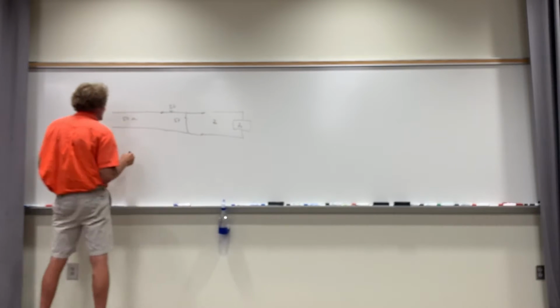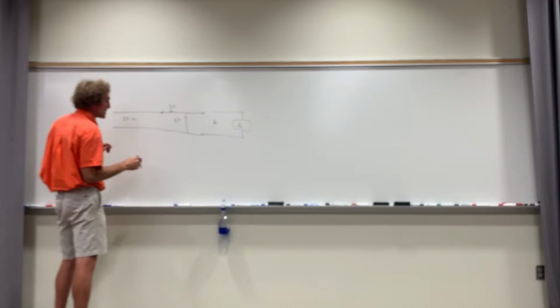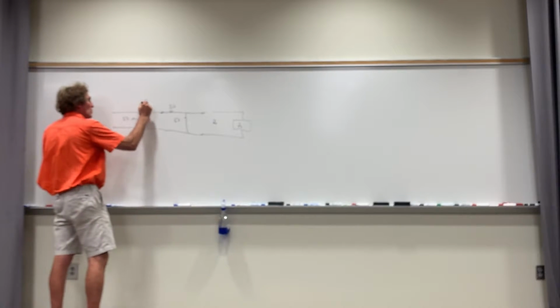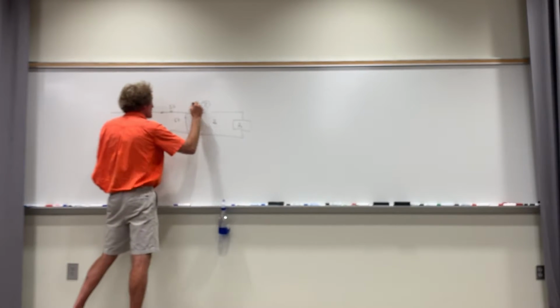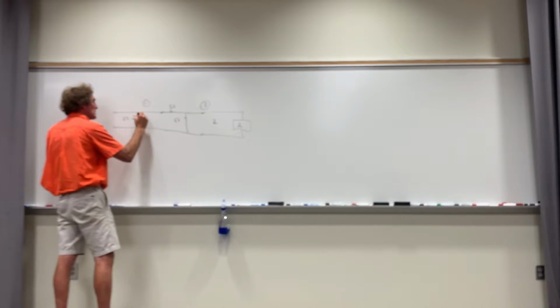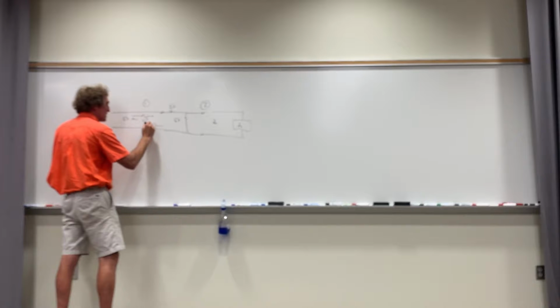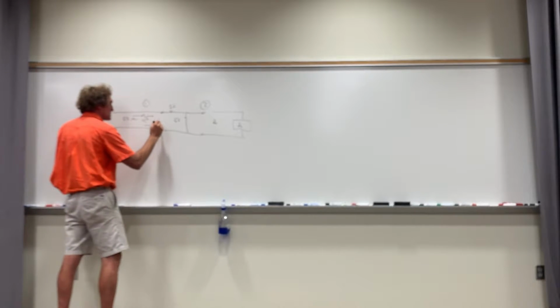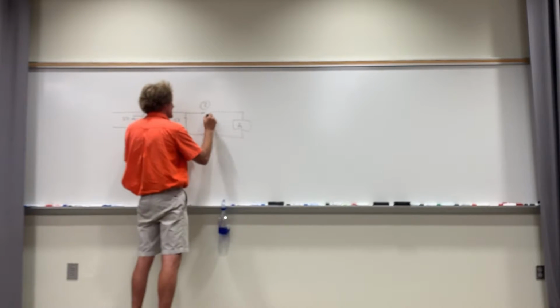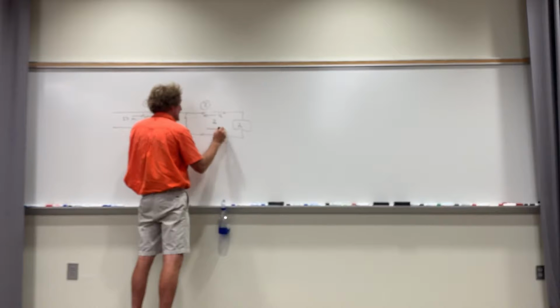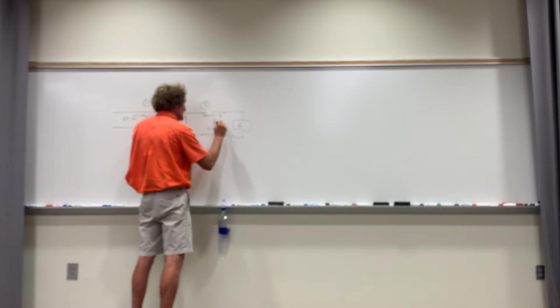So when you're doing this network business, this is going to be port 1, this is port 2. This would be V1 coming in this way. This would be V1 coming out this way. Well, incoming would be V2 plus, outgoing would be V2 minus.